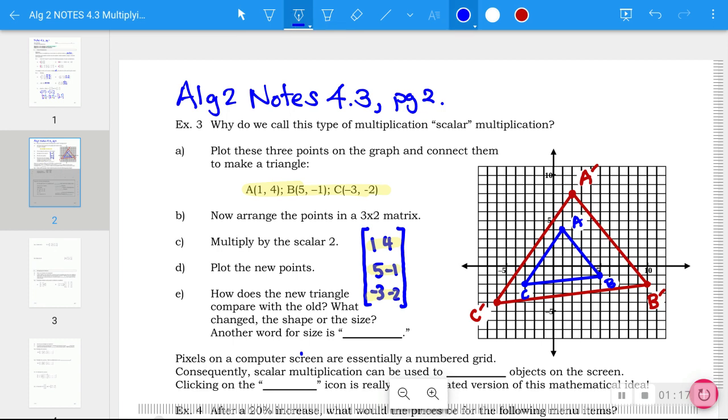You're going to multiply that by some scalar, just to illustrate why we call it a scalar. In this case, I'm going to multiply everything by 2, and that'll give me 3 new points.